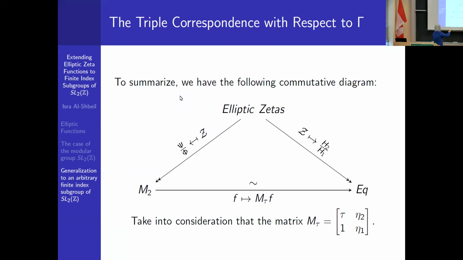And here I also close the map from a modular function of weight 2 to an equivariant function by this formula, which is by multiplying f by the matrix in tau, where the entries in tau are the quasi-periods of the identity function and the elliptic zeta function.